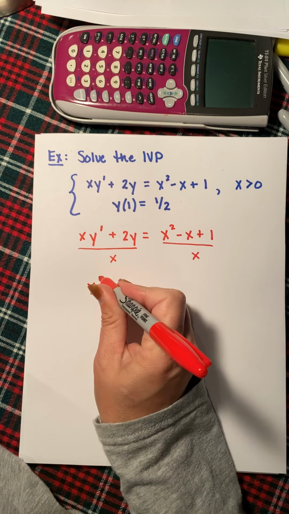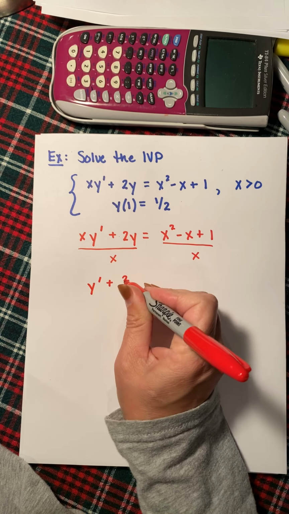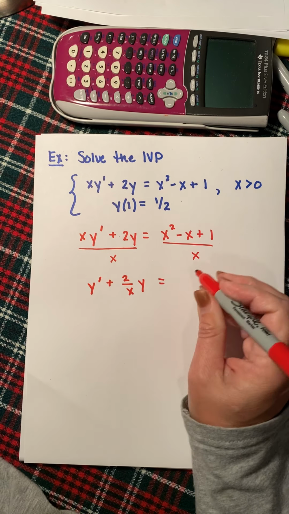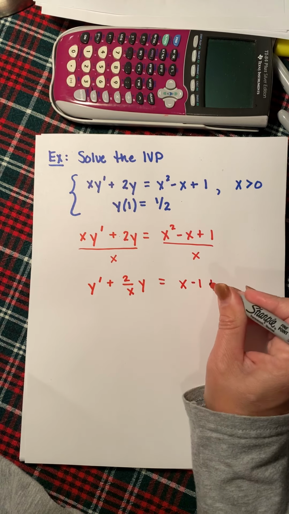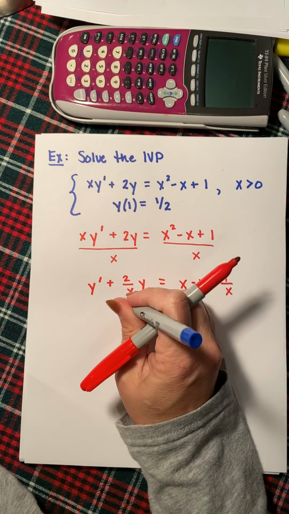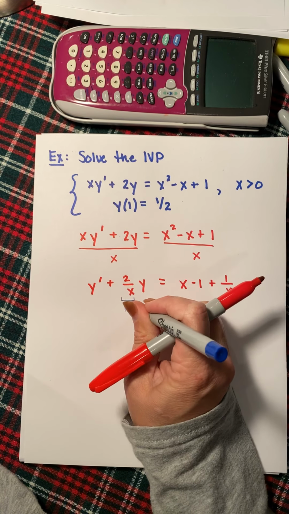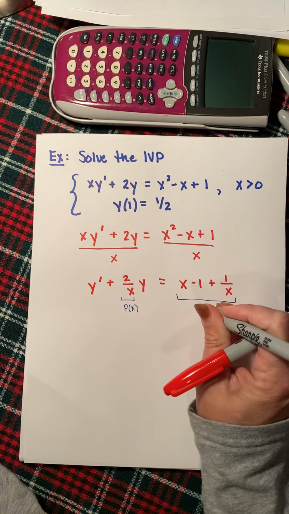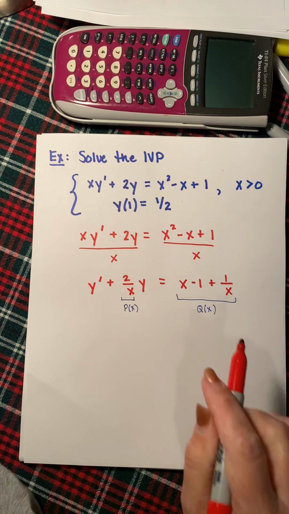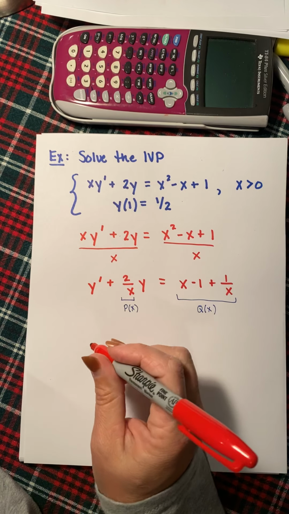So then I'm going to have y prime plus 2 over x y equals, now make sure you divide each term on the right hand side by x, x minus 1 plus 1 over x. Now that it's in the correct form, here's my function p of x. And then this is a function entirely with x's, it has to only be x's on that side of the equation. So now we can find my integrating factor.